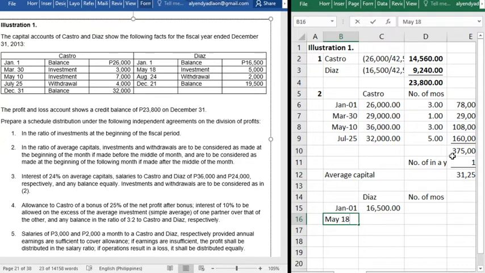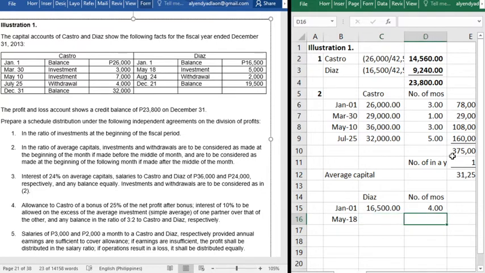Take note again that May 18 is treated as May 1. So that is January, February, March, and April, only 4 months. Or we can also count it from January 1: the first month is February 1, the second month is March 1, the third month is April 1, and the fourth month is May 1. That is why it is 4 months.